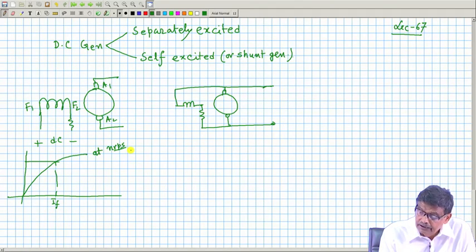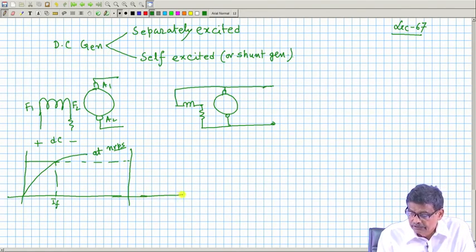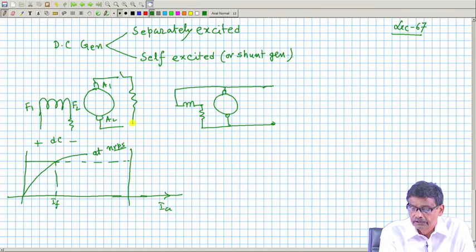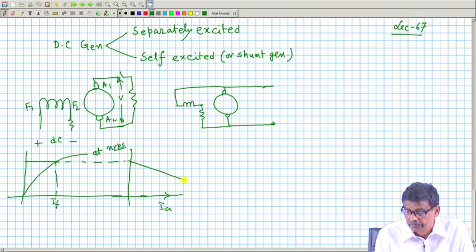The load characteristics are always sketched against IA and terminal voltage, where I connect the load. The terminal voltage is this voltage V, and we have seen this will be a drooping characteristic.